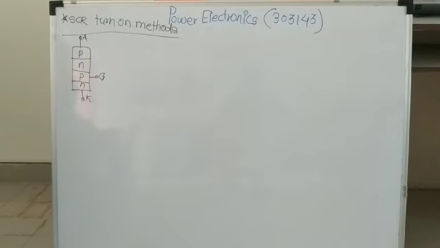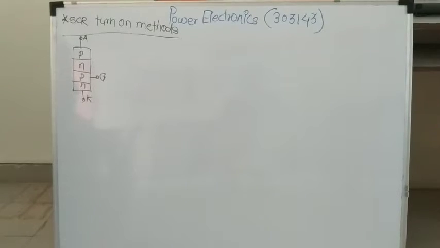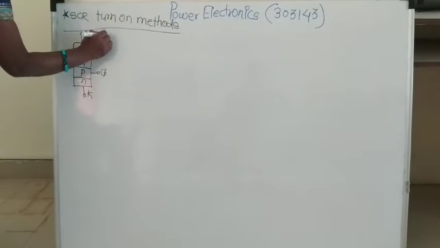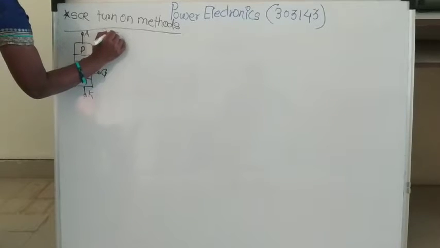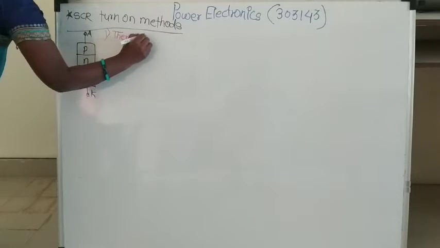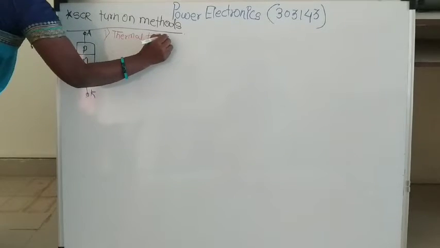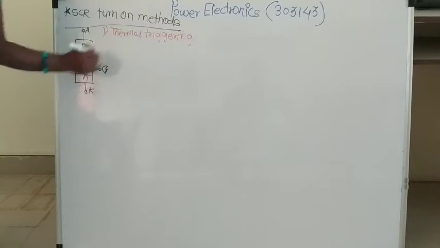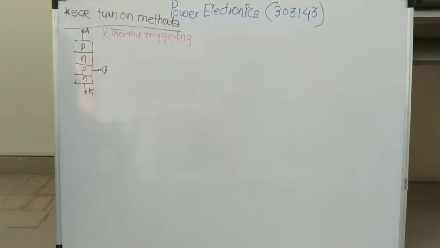Now, I will first of all tell you different methods to turn on the SCR. First method to turn on the SCR is thermal triggering. Thermal, its name itself indicates that thermal is nothing but temperature.